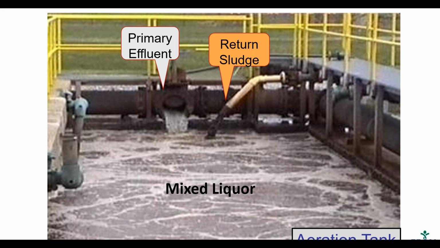So the eaters and the food are being combined together, and air that's necessary for the metabolism is also being added. You can see that surface is churned by the aeration that's going on. The aeration helps to suspend those particles and to mix the return sludge and the primary effluent and add the necessary air for metabolizing the waste.